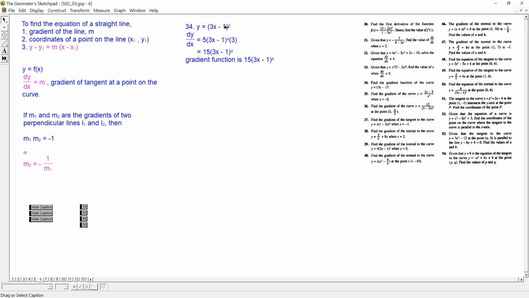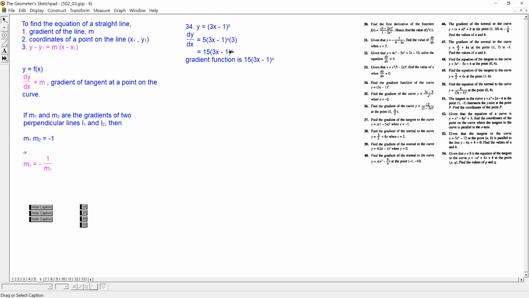Once I see the question, I differentiate y. Bring down 5, then inside the bracket I copy, 5 less 1 becomes 4. Then I differentiate what is inside the bracket, so 3 times 5, 15. 15 (3x minus 1) raised to the power 4. Now this is dy/dx.